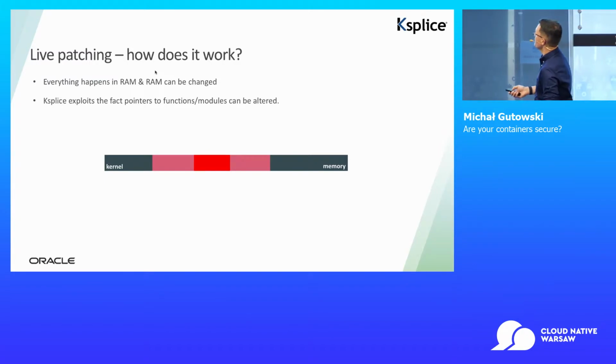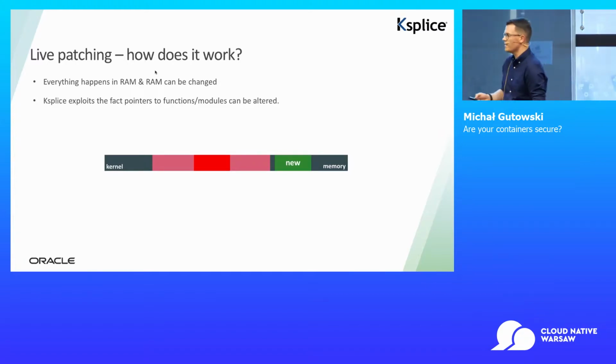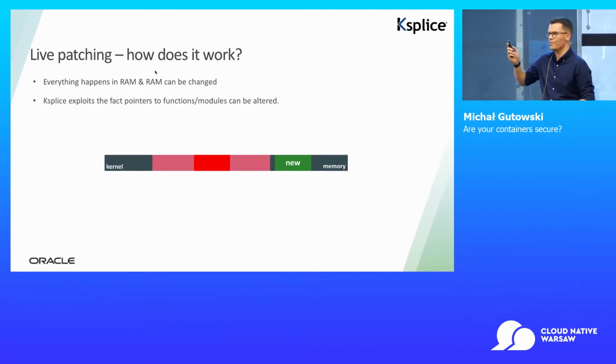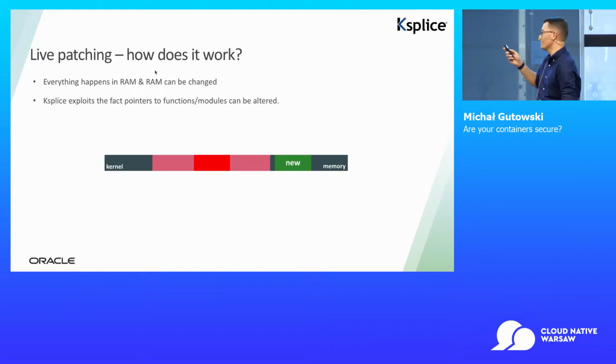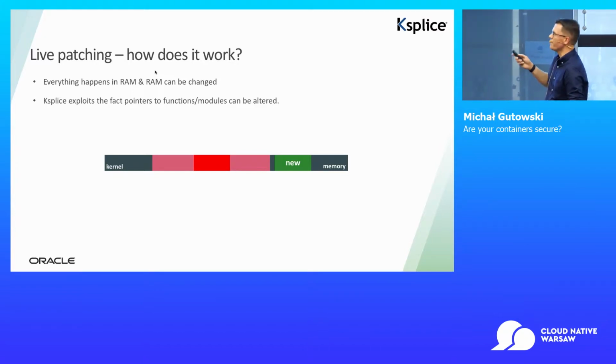What we are doing is we are just trying to alter the part of the memory that contains the bug. So we are loading a new patched version of the function into a new place in the memory, somewhere aside.